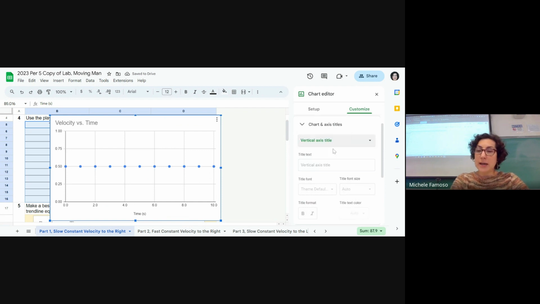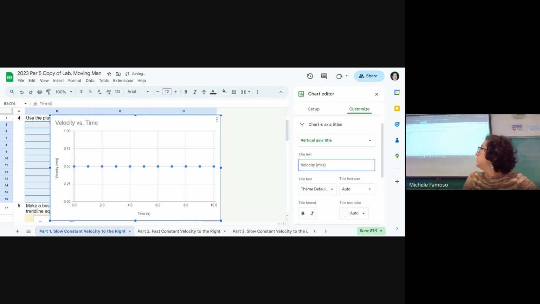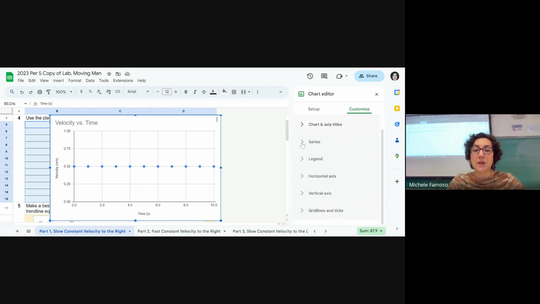The vertical axis title will be velocity in meters per second. All right, I'm going to collapse this submenu and now head to the series submenu because I can see the clear 0, 0. So I don't need to adjust my horizontal axis.